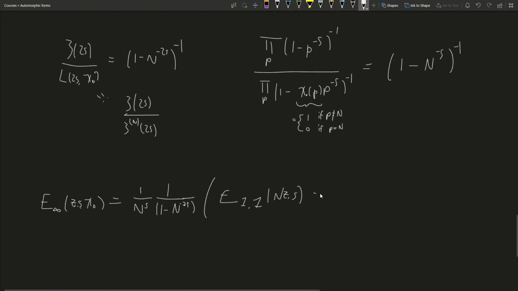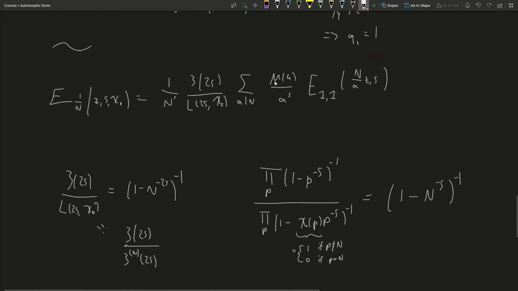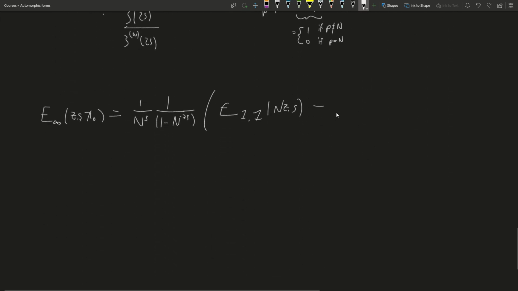For the other term we have a minus sign, because this mu of a is mu of n, which is assumed to be prime, so the Mobius function evaluated there is minus 1, and we have an n to the s in the denominator, so we get n to the minus s, E_1,1, and then here we just have z, s. Okay, so that's the expression that we get, and we can clean this up a little bit by, say, distributing this if we want to.